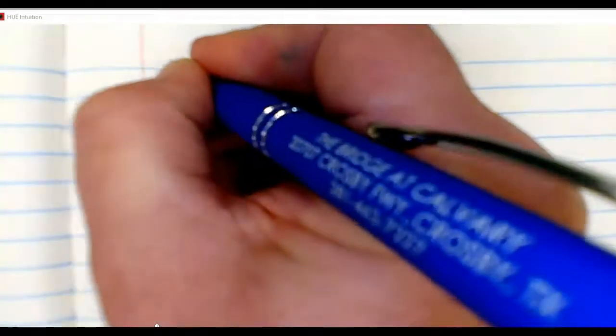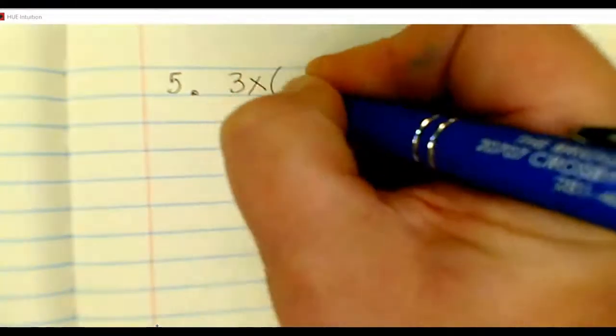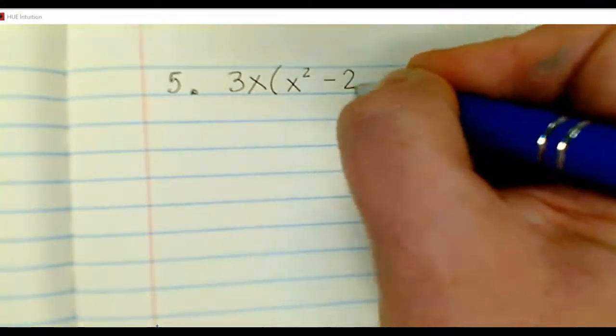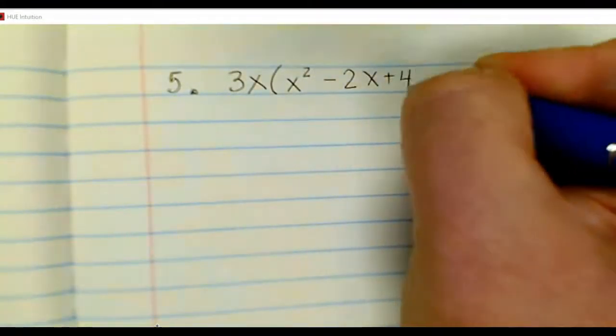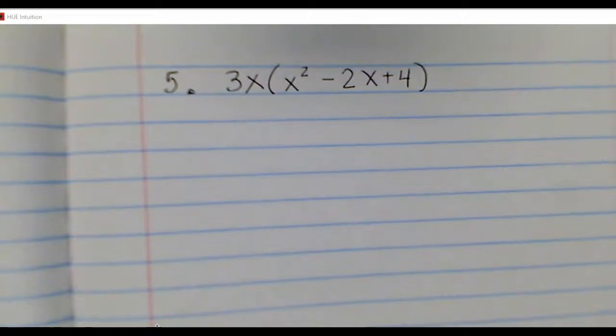The pattern does not apply to a problem like this that is a little bit more complicated. Yes, this is our next example. This is a monomial times a trinomial.